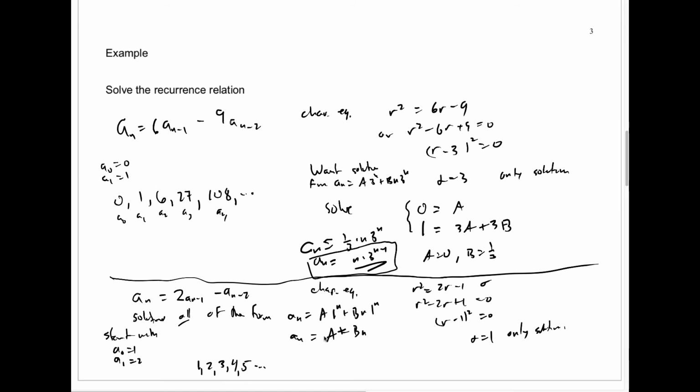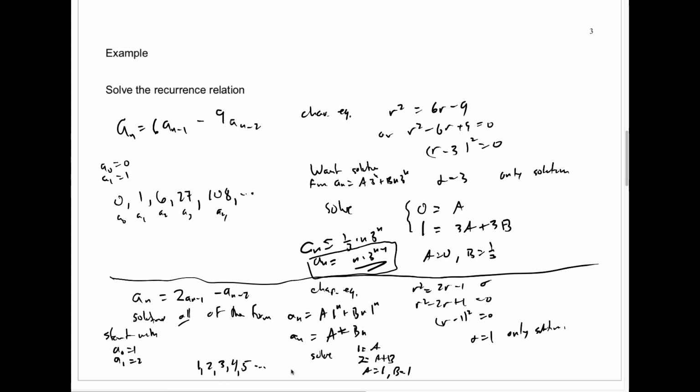What would that mean? That would mean if we wanted to solve 1 equals a plus b times 0, which is just a, and 2 equals a plus b, we would get a equals 1 here, and b equals 1.